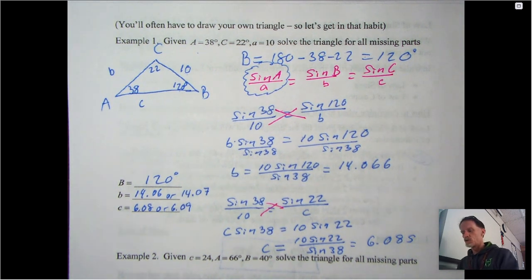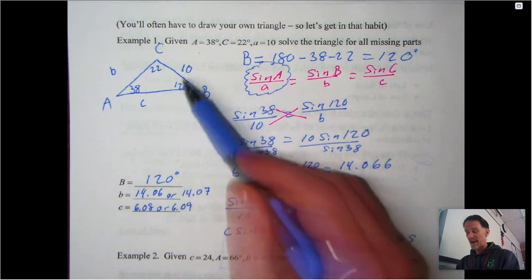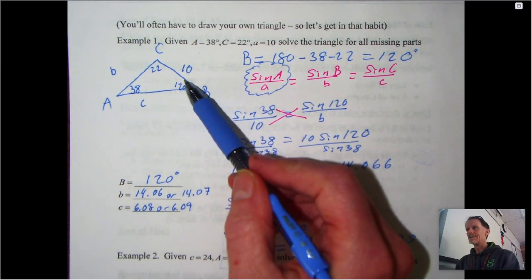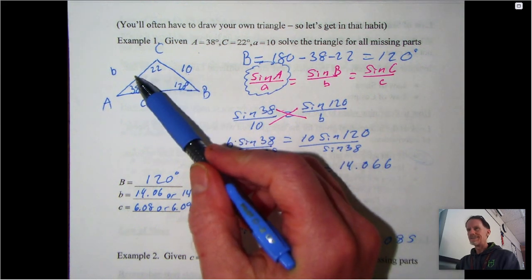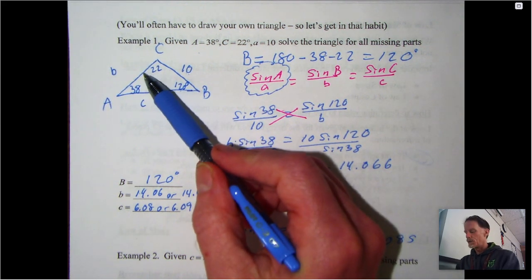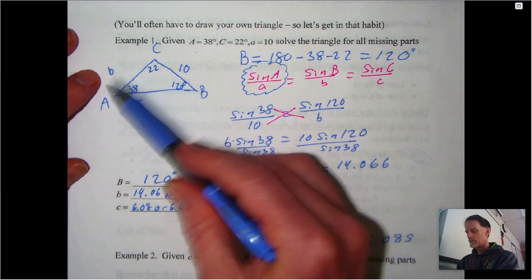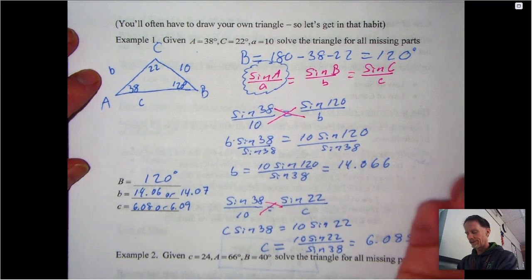Now, the one little check that you can do to make sure that your values kind of make sense. Remember, when you talk about triangles, even back in your middle school days, whatever the biggest angle is, that corresponding side is going to be the longest side. So in this case, since my angle B was 120, I know side B has to be the longest of the 3 sides.